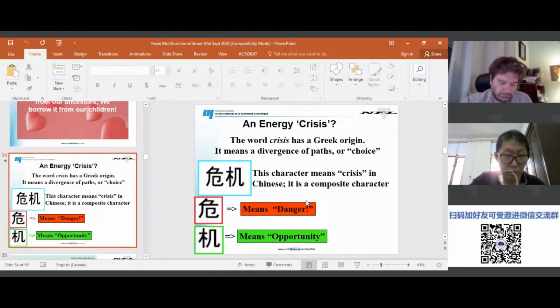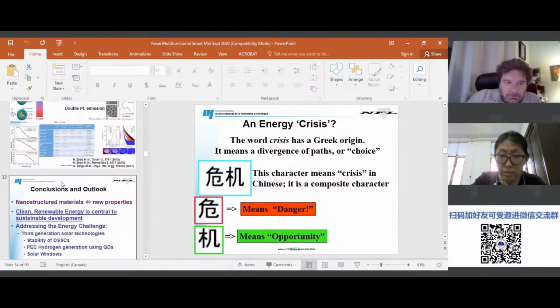So the next question is about UNESCO. You mentioned that there is a program for PhD students or young researchers. Could you please share more information about the program? Sure.